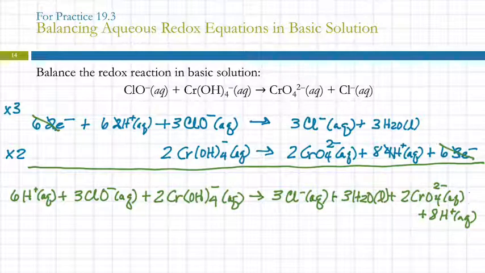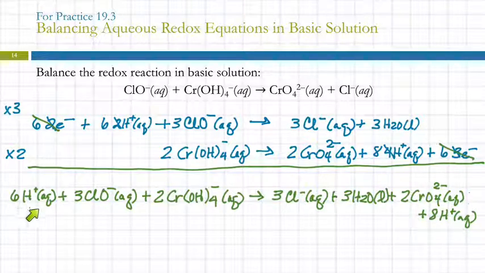Okay, so if I was doing acidic solution, this would almost be done, but I'm doing basic solution. If I was doing acidic solution, what is a little weird about this? I've got hydrogen ions over here, and I've got hydrogen ions over there. I could simplify that, right?